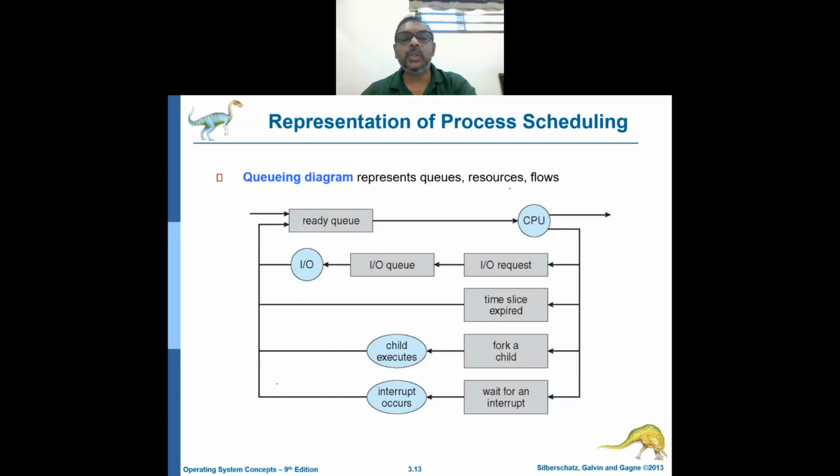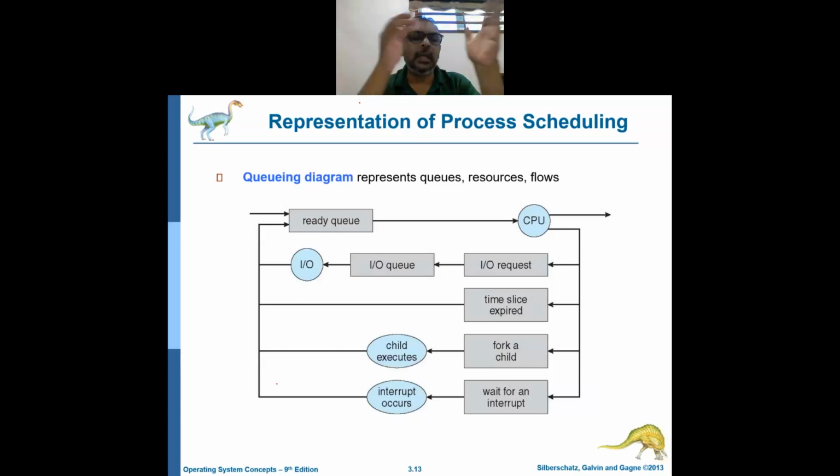Next, there is also something called fork a child. Fork a child means the process is broken down into a separate sub-process, let it process by itself. An example of fork a child is when you're using Microsoft Word and then you go into a sub-process called print.